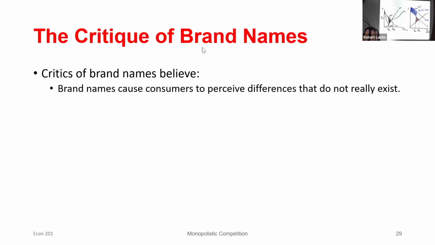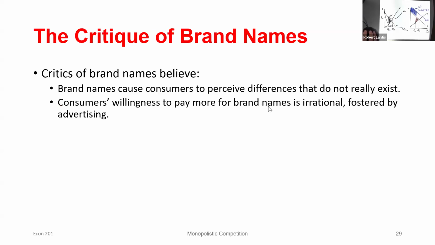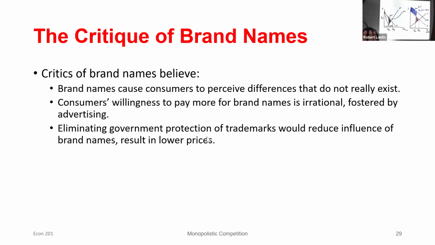I'm generating deadweight loss because these brand names create product differentiation, even though there might not be some that actually exists. Okay. However, we can think about if we eliminated those, potentially, right? We eliminate the monopolistic competitive market. If we get rid of trademarks and brand names, everybody is really selling a homogeneous product.